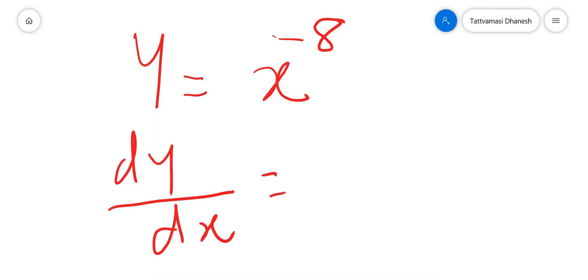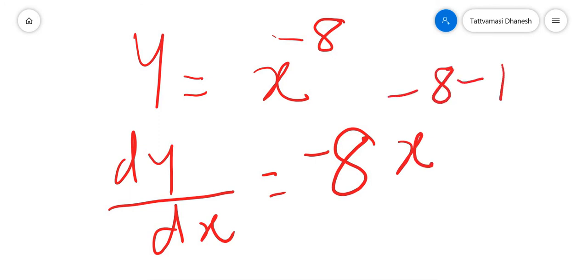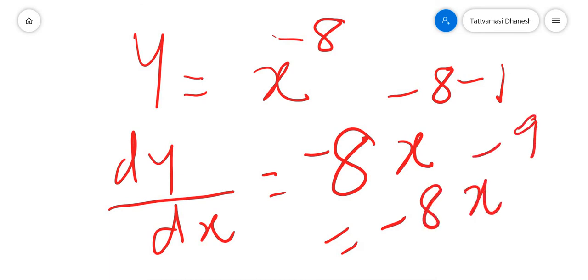So it would be minus 8 x raised to minus 8 minus 1, that is minus 8 x raised to minus 9. This is another important result. So you know how to calculate the derivative when the exponent is positive and when the exponent is negative.